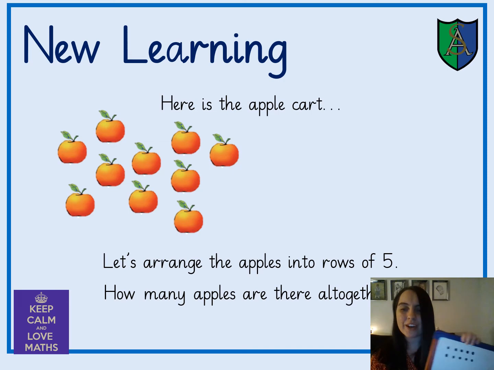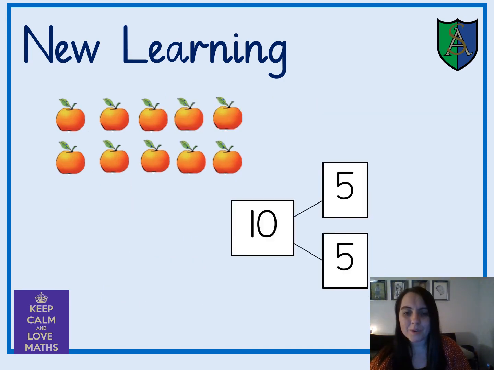Okay, let's look at this as a part-whole model. So, just like in my drawing, the apples have been arranged into rows containing 5 apples on each row. There are 2 rows with 5 apples on each, okay? And if we look at this on a part-whole model, it looks like this.